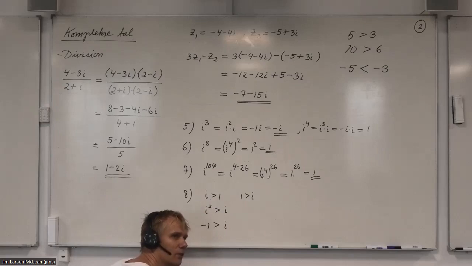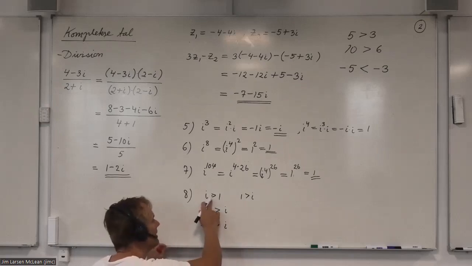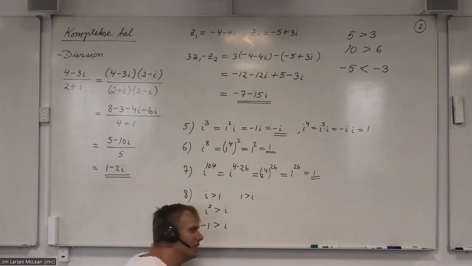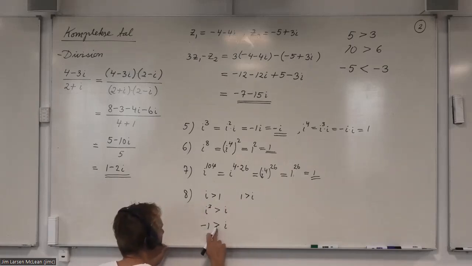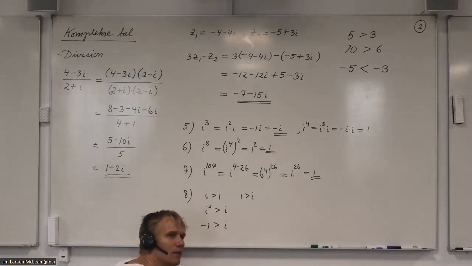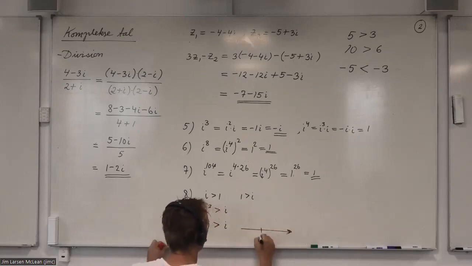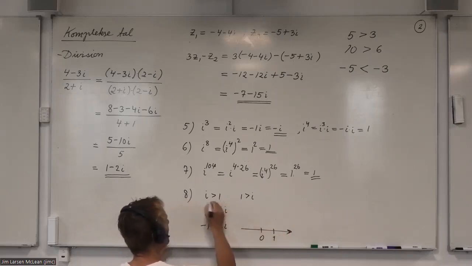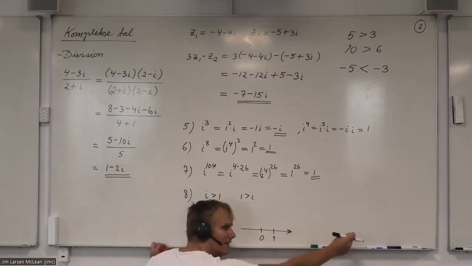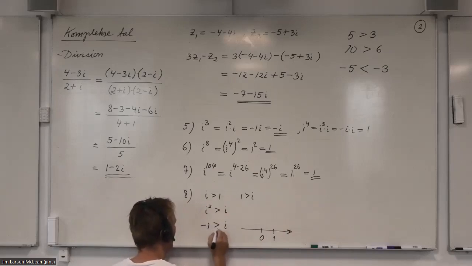And if you draw the number line, you can see it's nonsense. It can't both be true that i is a number greater than 1 and at the same time that i is a number less than -1. If I draw it, this is 0, and this here is 1. So the only thing we know about i up here, assuming this is true, is that i lies to the right of 1. If you look down here, it says that i is supposed to be less than -1.